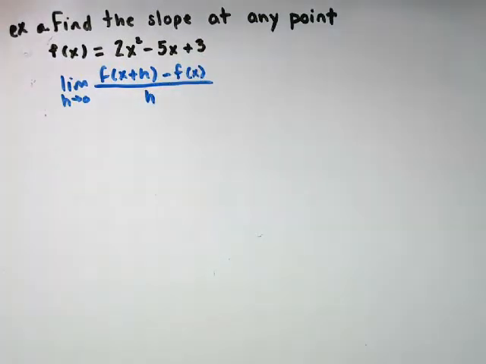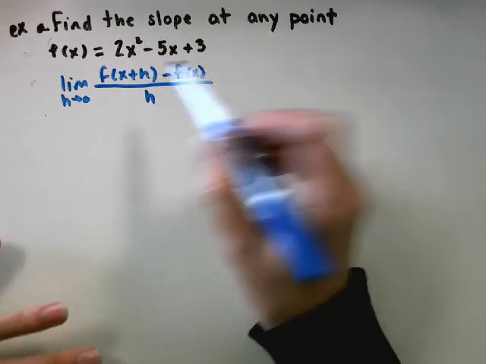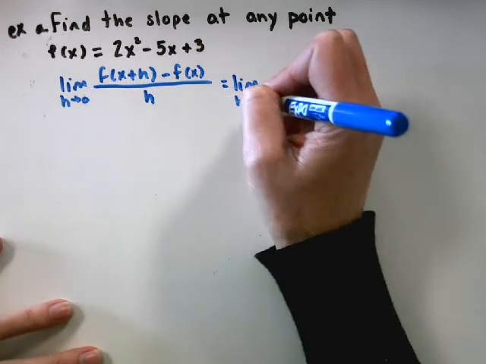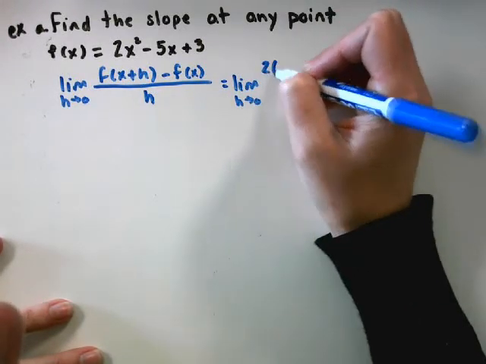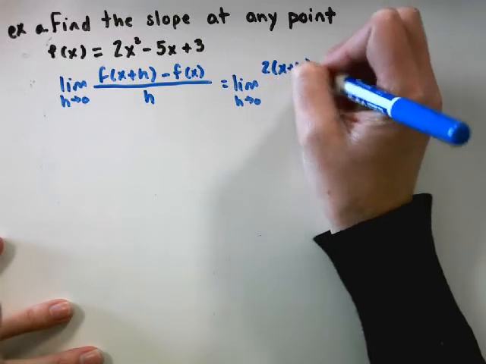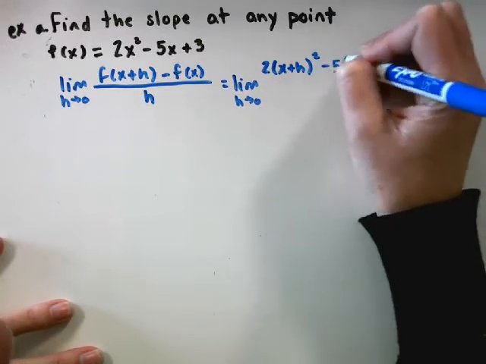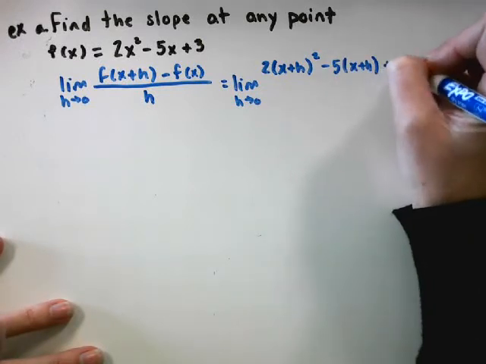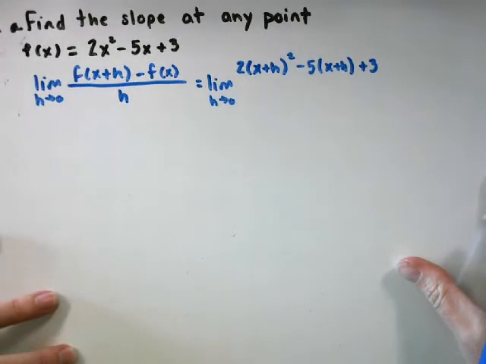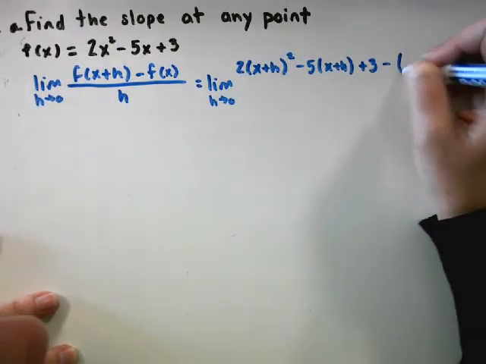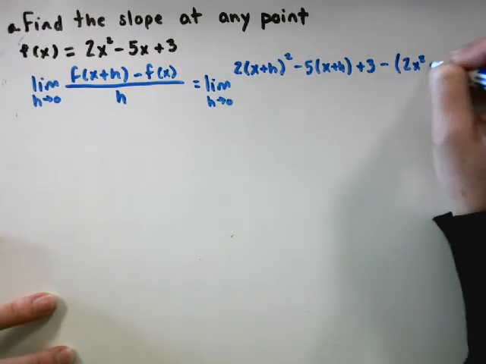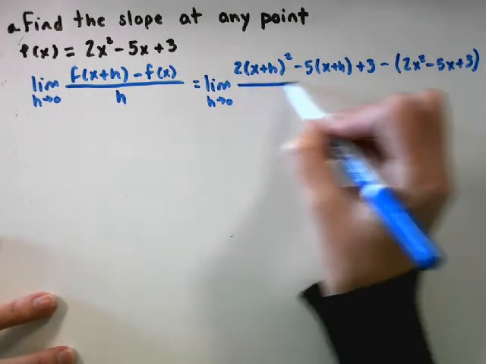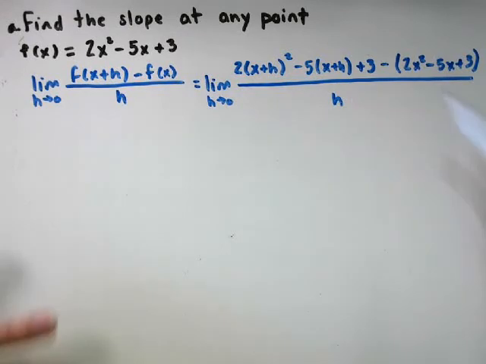So this is the limit as h goes to 0 of 2 times (x plus h) squared minus 5 times (x plus h) plus 3, minus f of x, so minus (2x squared minus 5x plus 3), all over h. So you've done problems like this. We're going to simplify this all down, and then stuff will start dropping out.